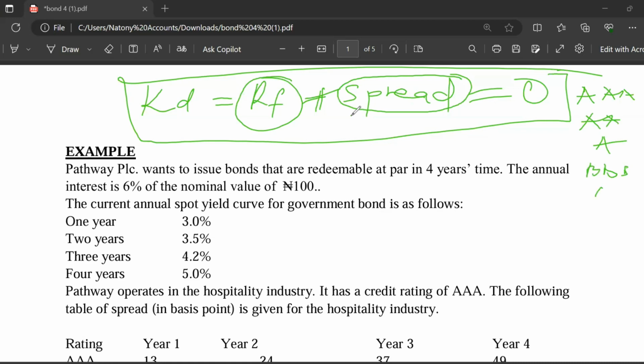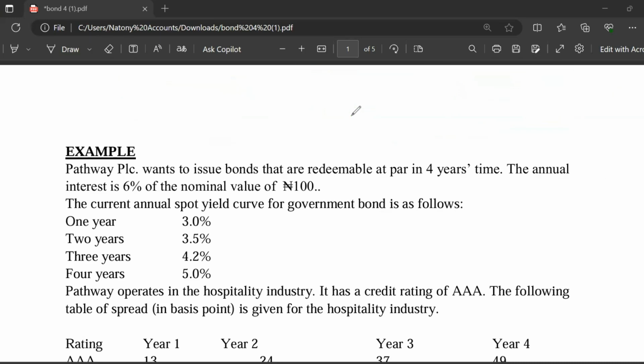So there's a credit rating that you can use to determine the risk of default on corporate bonds. Let's look into this example and let me show you how to calculate the value of a corporate bond using the government yield curve.